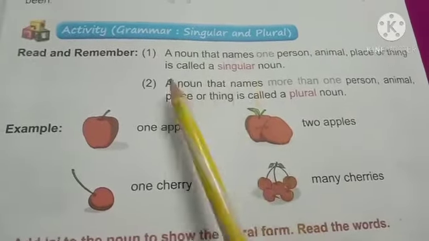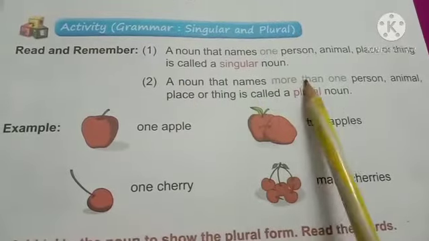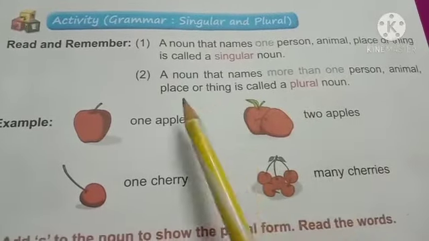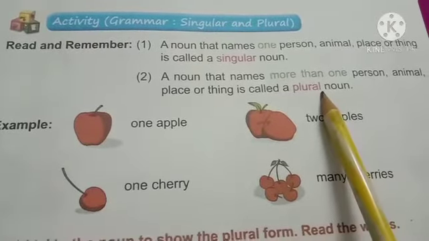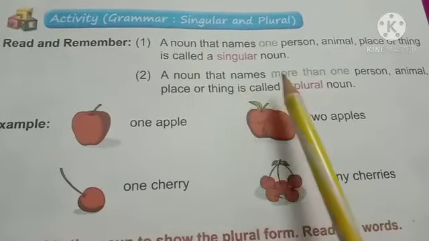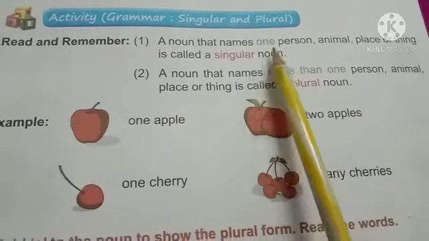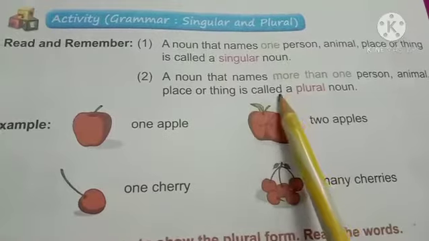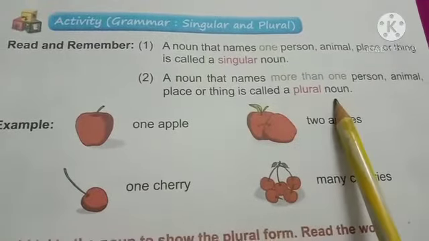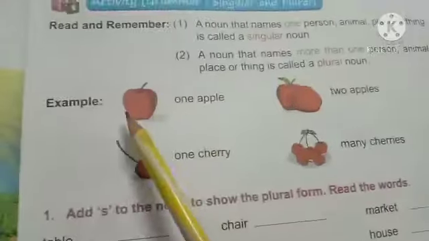A noun that names more than one person, animal, place or thing is called a plural noun. For only one we call singular noun. For more than one we call plural noun. Understood? Let's see the example.